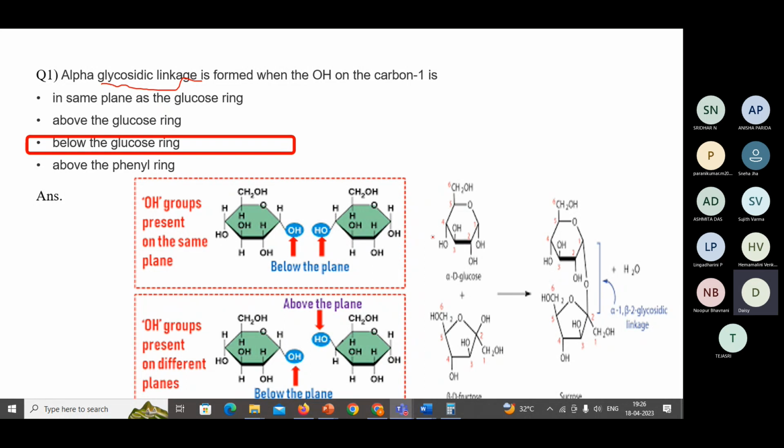Ma'am, your presentation is not visible, ma'am. Sorry? Your presentation slides are not visible. Okay, just a minute. Is it visible now? Okay. Ma'am, for me it's not visible. Okay, I'll check, ma'am. For me also, it's not visible.